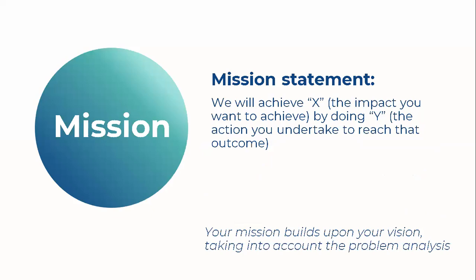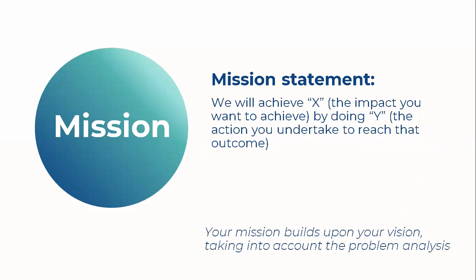After you've told the audience your vision, you're going to tell them about your mission statement. And what's important about your mission statement is to remember that your mission is all about the doing. You are now going to describe how you're going to go about it, what actions you are going to undertake to make sure that you can achieve that vision.